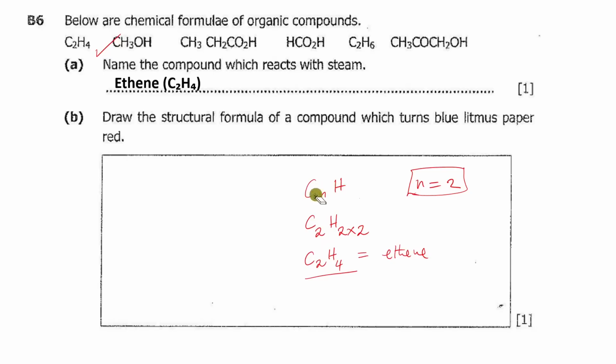So they want us to identify an organic acid. And remember what I said, that an organic acid should have COOH. So in your identification, your target is to ensure that you find one which has COOH.